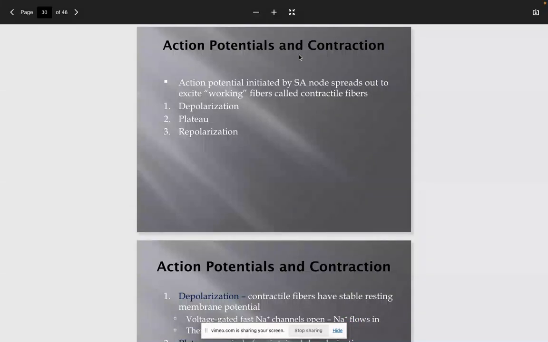We deal with sodium and potassium ions. Usually in the extracellular fluid you have sodium ions, and within the intracellular fluid you have potassium ions, which maintain the negative resting membrane potential.